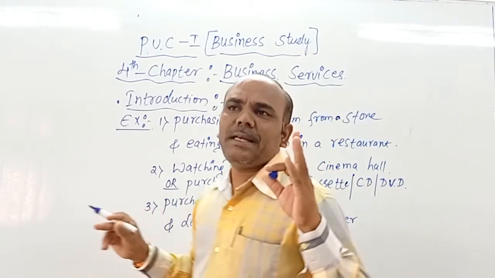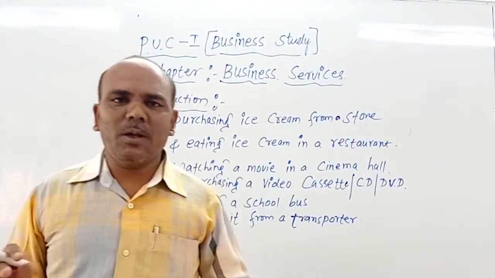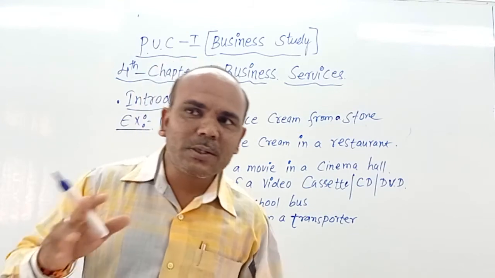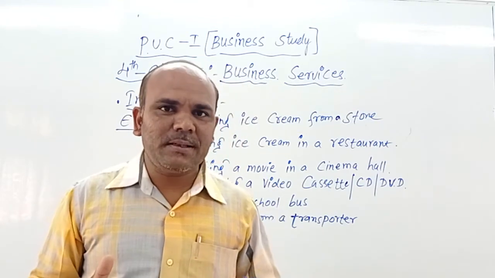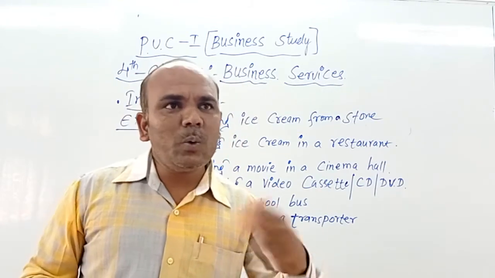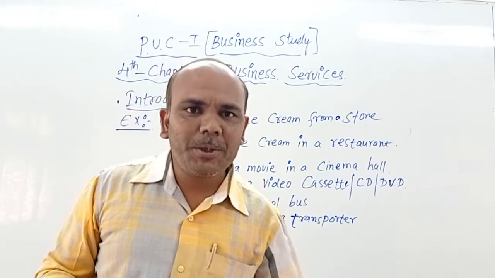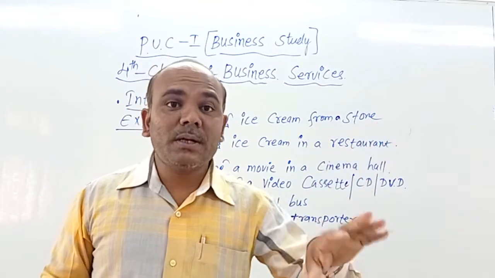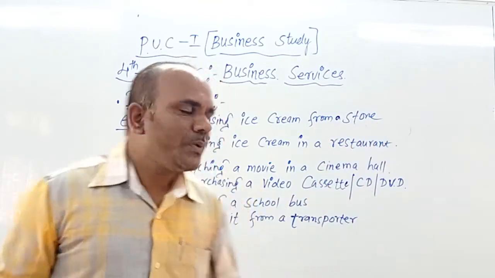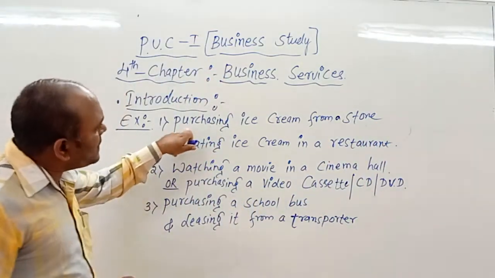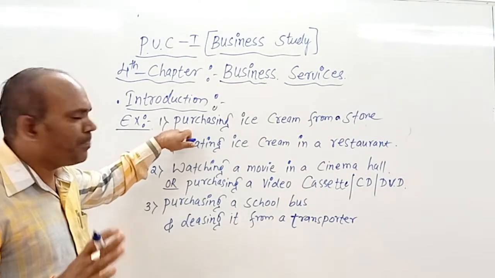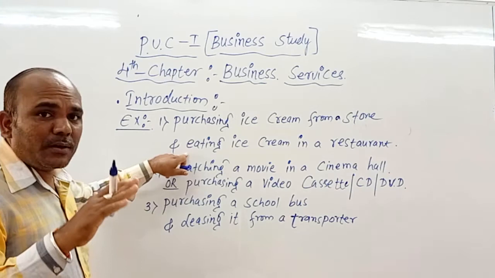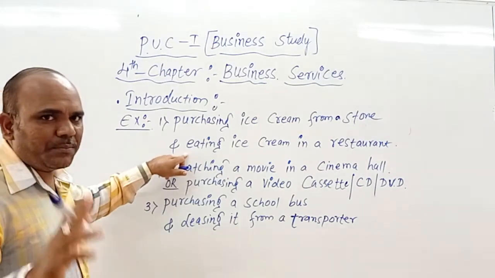They are giving 3 examples. We have to analyze what is common in these 3 examples and how it is totally different from an item or product and a service provided. First example is purchasing ice cream from a store or eating ice cream in a restaurant.